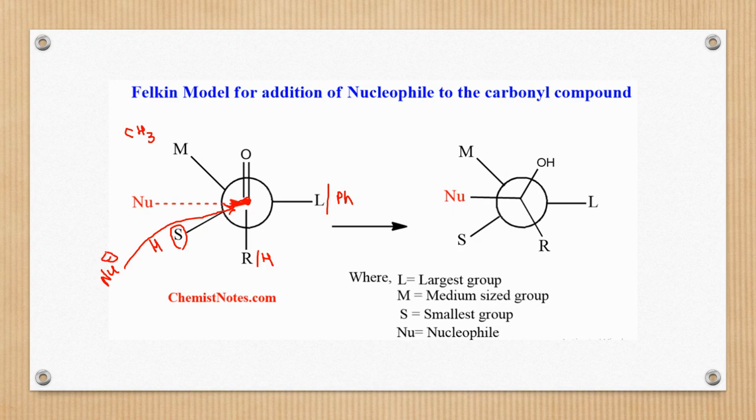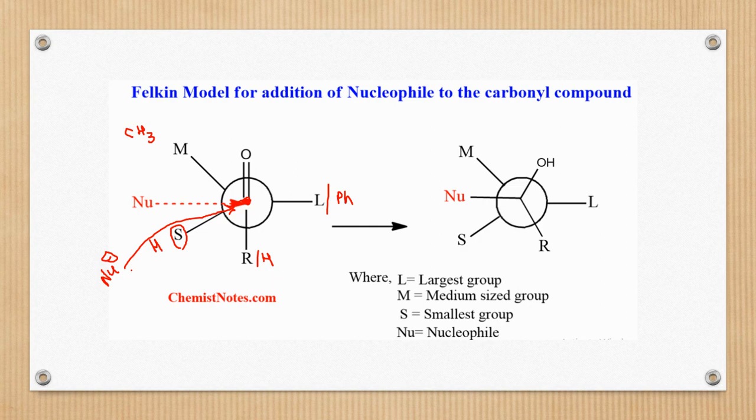There should be no hindrance when the nucleophile is adding to the carbonyl group. The small group is coming in the trajectory, and that is why this model is designed. Here the large group is phenyl, R, which is hydrogen in our case, is attached to the carbonyl carbon, the small group is hydrogen, and methyl is the medium group. Is this much clear to all of you?